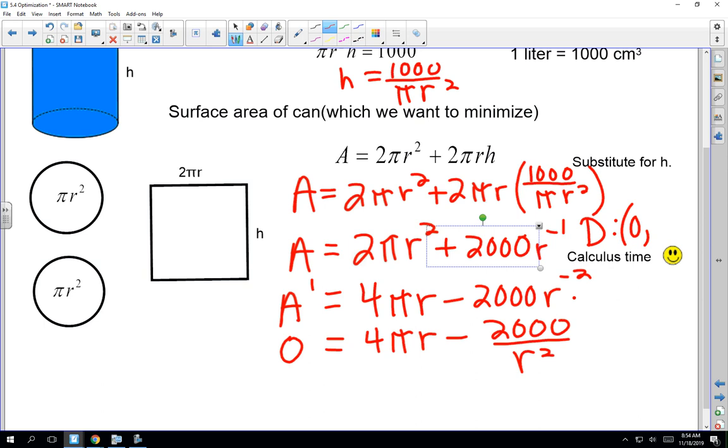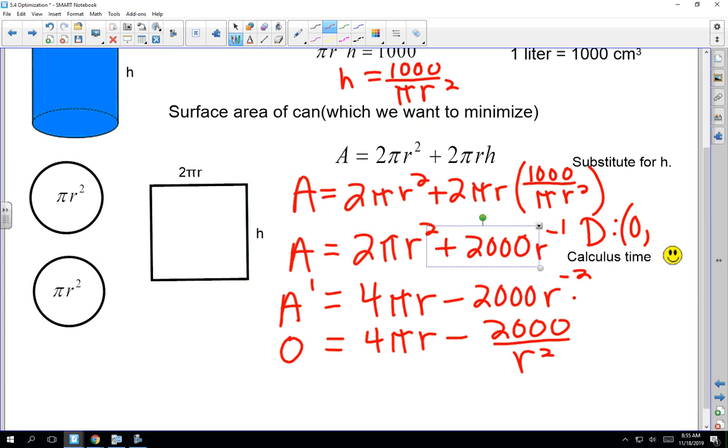Set pi r squared equals 0. r squared equals 0. We could set this whole equation equal to 0, or just graph it and find where it crosses. So let's graph it. 2 pi r squared plus 2,000 r to the negative 1, 2,000 over r.